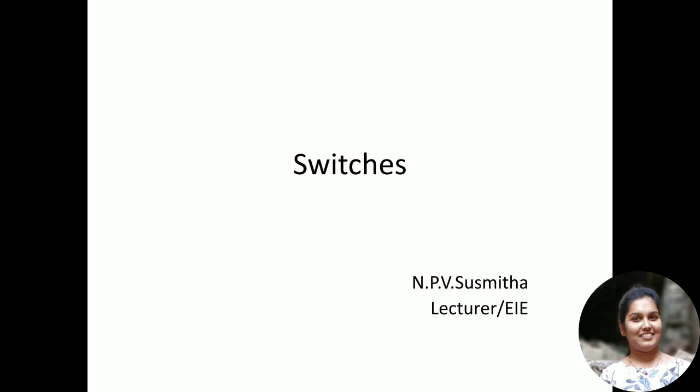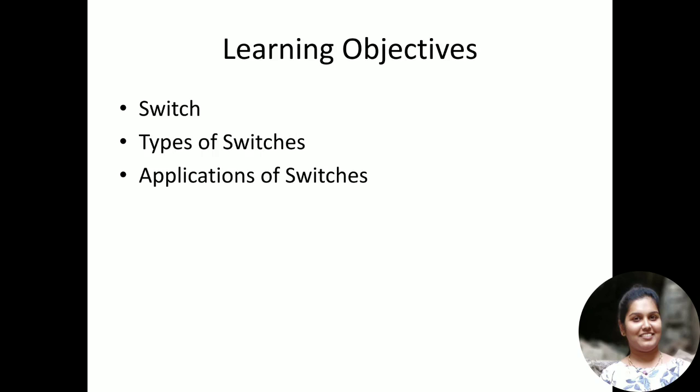Okay, so we'll first discuss what the learning objectives of today's video are. The first point is, we'll try to know what a switch is all about and what the components are that make a switch come into action. And next we'll discuss the different types of switches that are commonly used.